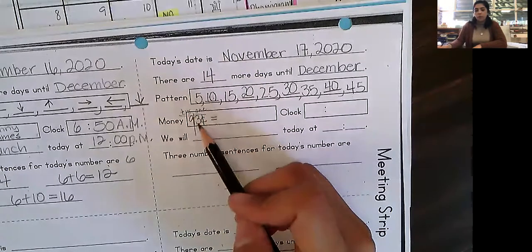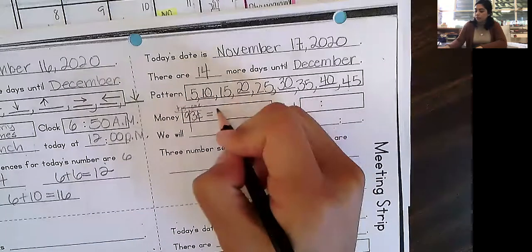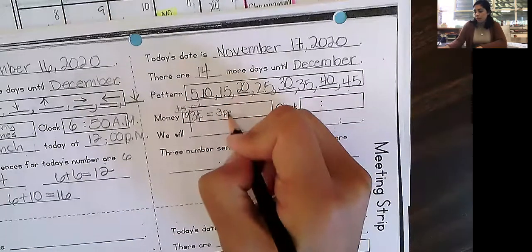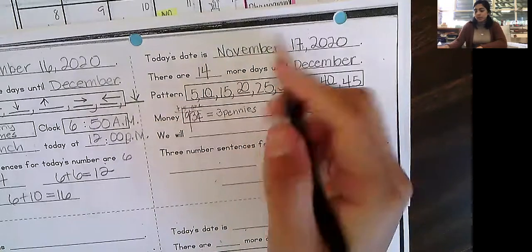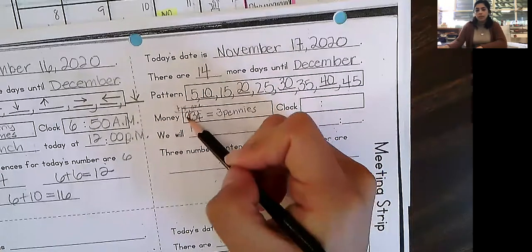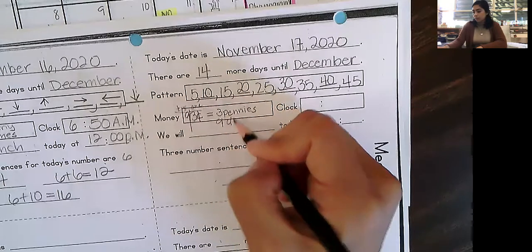There are how many ones? There's 3. And a penny is worth 1. So we need 3 pennies. And how many tens? 9. And how much is a dime? 10 cents. So we need 9 dimes.